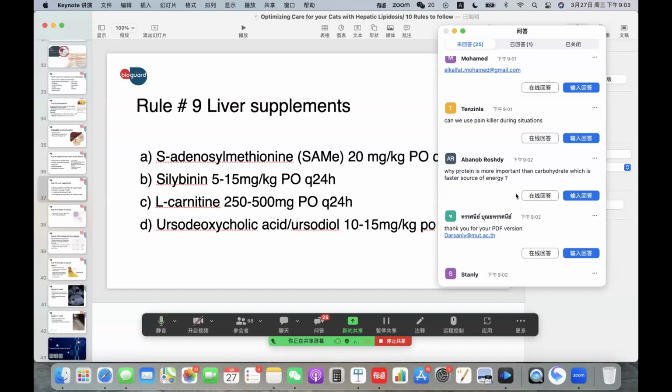Otherwise, sometimes they may cause liver damage. In the beginning hours, I may choose to use butorphanol to manage the pain. Sometimes butorphanol may also make the animal a little bit sedated. That's also a good thing if the animal is very stressed.